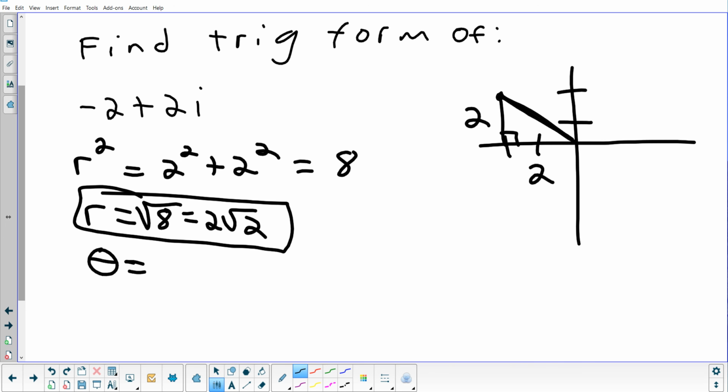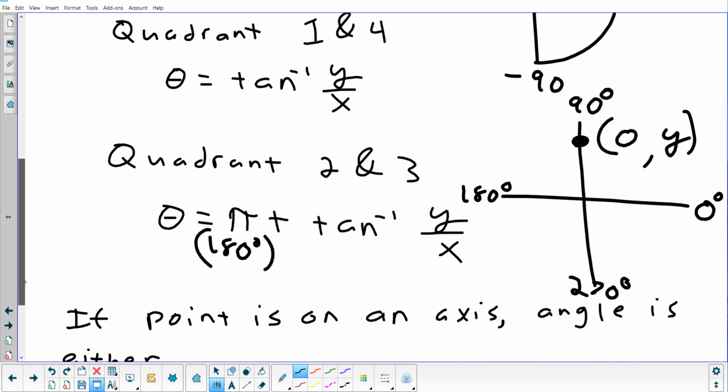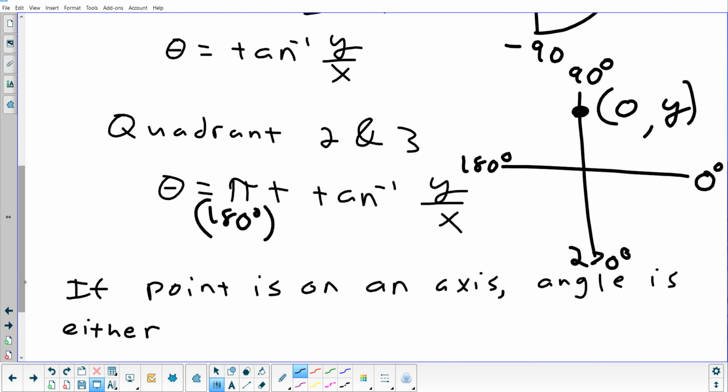If you're in the second quadrant, do you have to add 180 to find your angle? What do you think? Yes. If you are in quadrant 2, the formula is 180 plus the inverse tangent of y over x. So that's the formula you have to use because you're in quadrant 2.